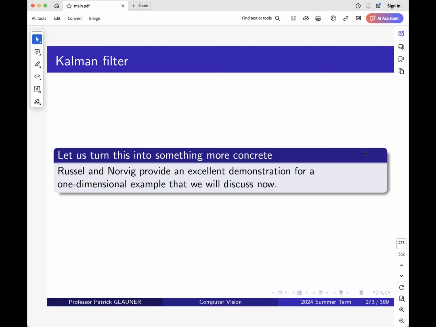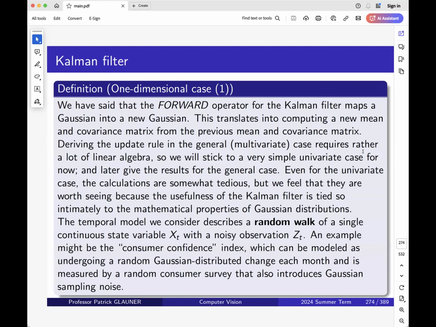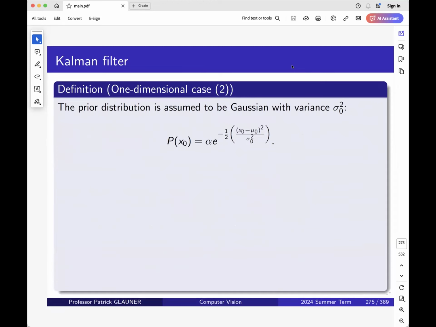So the one-dimensional example could be just that one variable like x. What is shown in the book has lots of text in here that I will cover in my oral explanation. Sometimes you find a lot of text in my slides, which is only meant for you to do a revision if you wish.